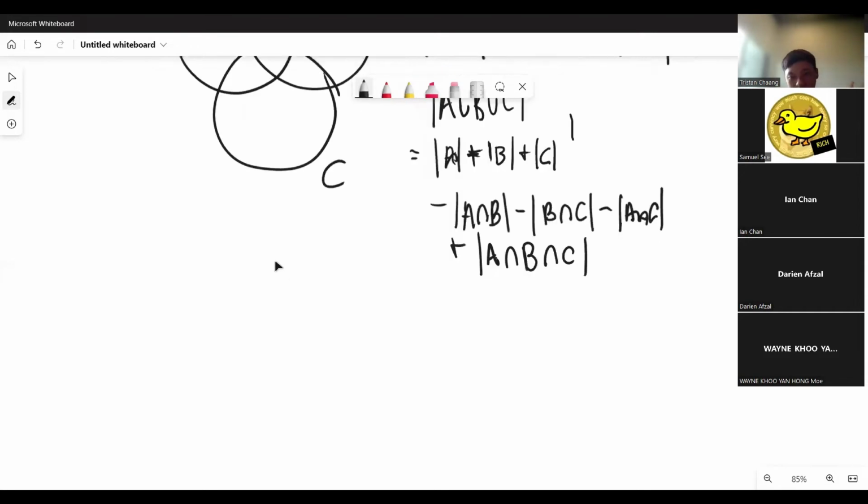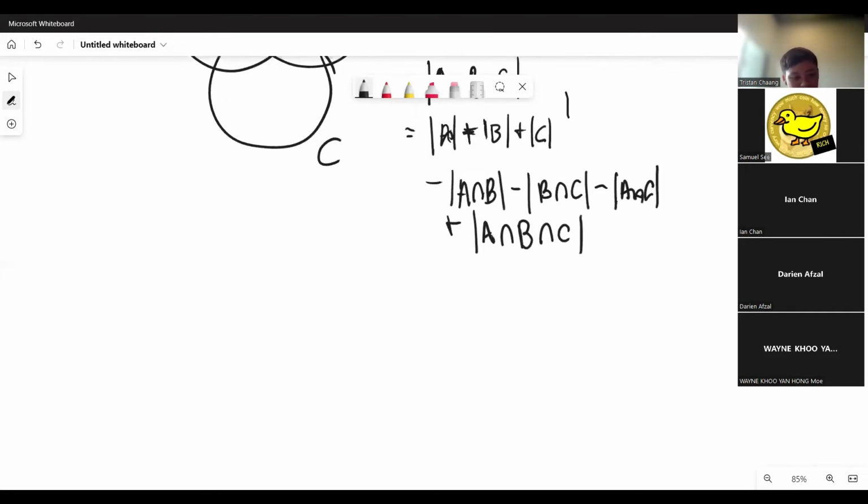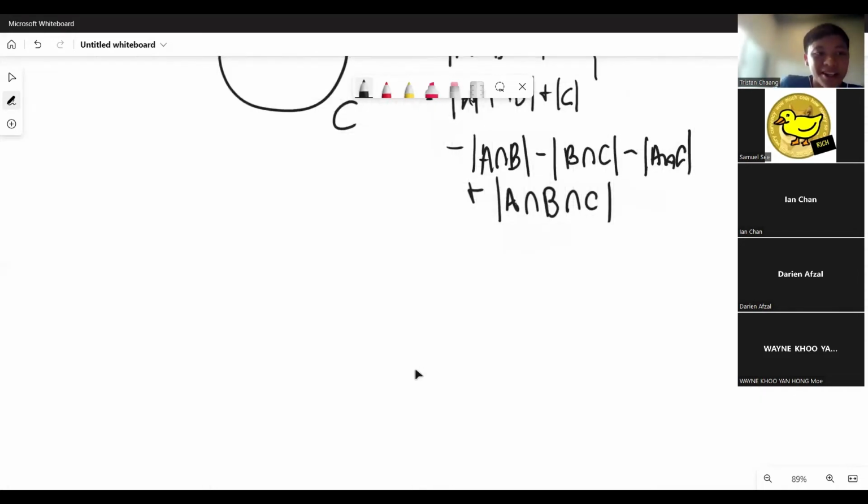So now, assuming we know PIE, let's just look at the one single exercise that we have in that section. Oh, sorry, the one at the back, not De Morgan's laws. The one at the back. So exercise 12. So we want to find the number of derangements.